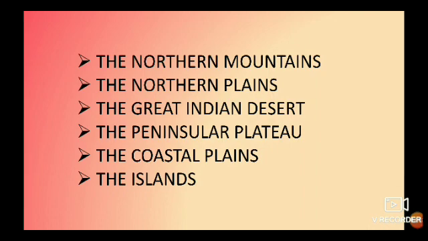The plains are also located. Okay, children. So the physical features are the northern mountains, the northern plains, the great Indian desert, the peninsular plateau, the coastal plains and the islands. So these are the 6 main physical divisions or the physical features of India.